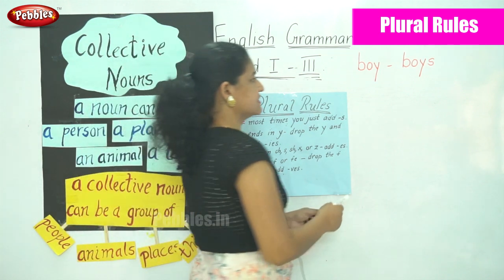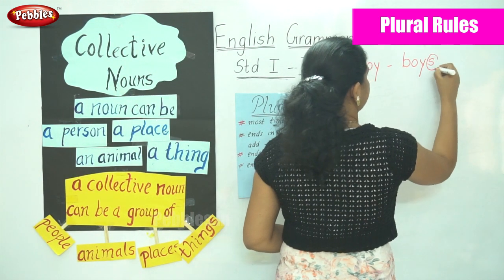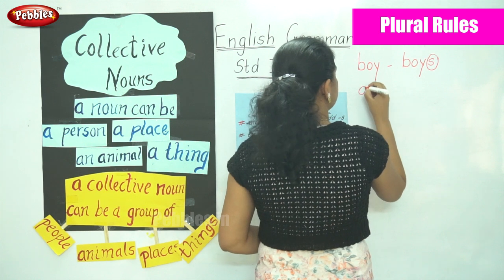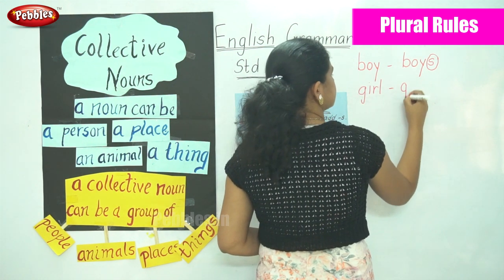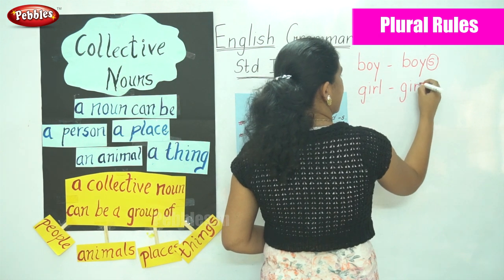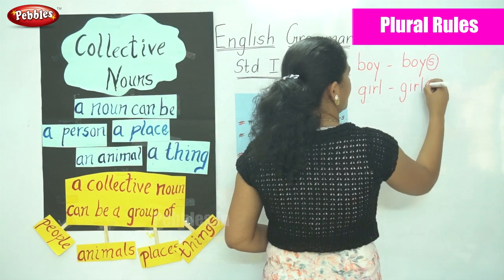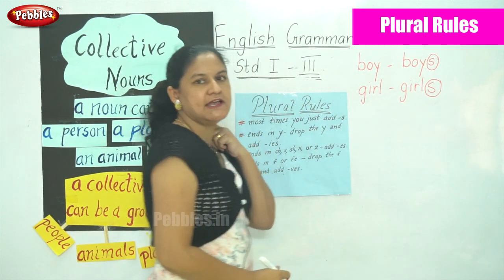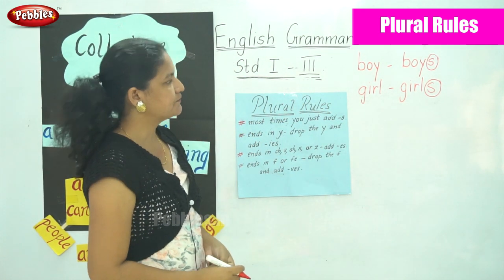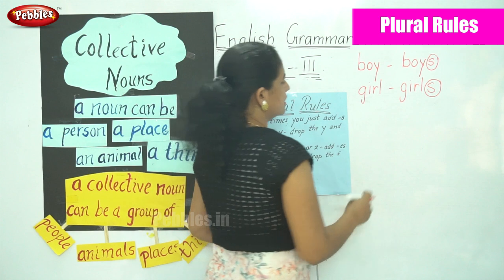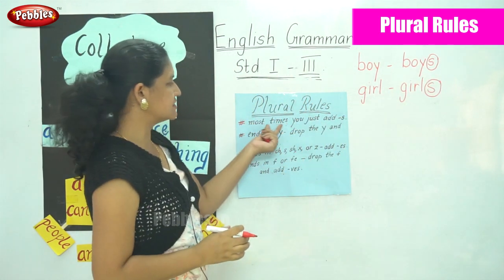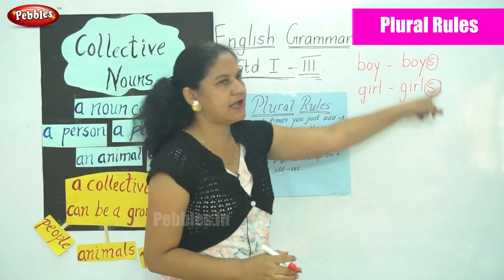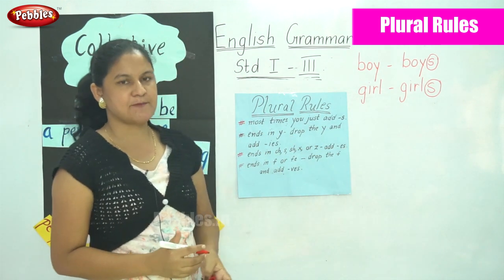In the next example, one girl, many girls. So again we just add s to the word. So this is the first rule, that is most times you just add s.